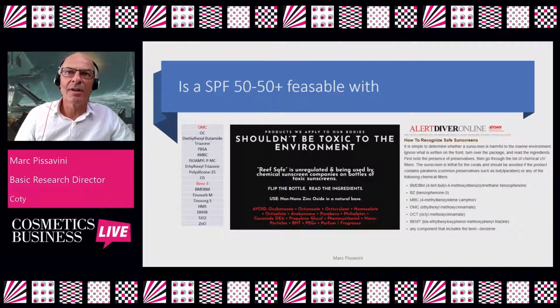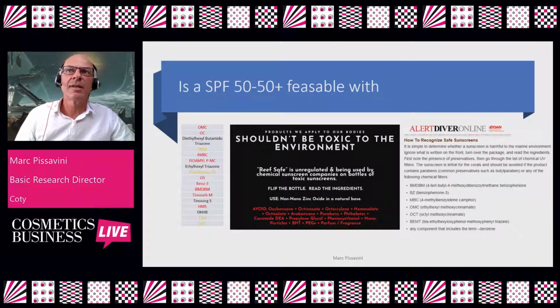Here you have another example. If you add all the NGOs and all the Earth organizations, all the different local laws, you can see that you can only more or less formulate your sunscreen with 1, 2, 3, perhaps 4 different UV filters.